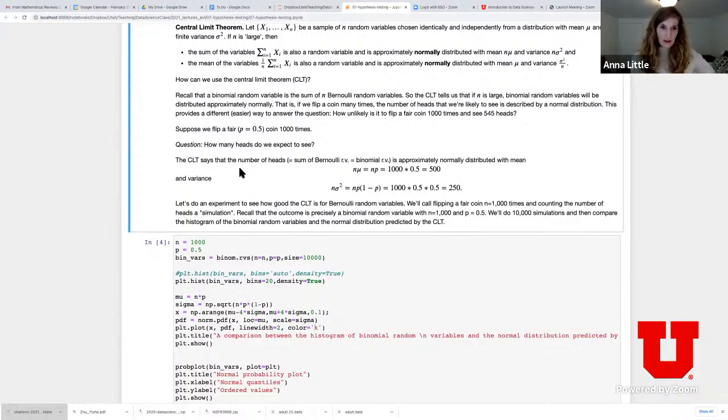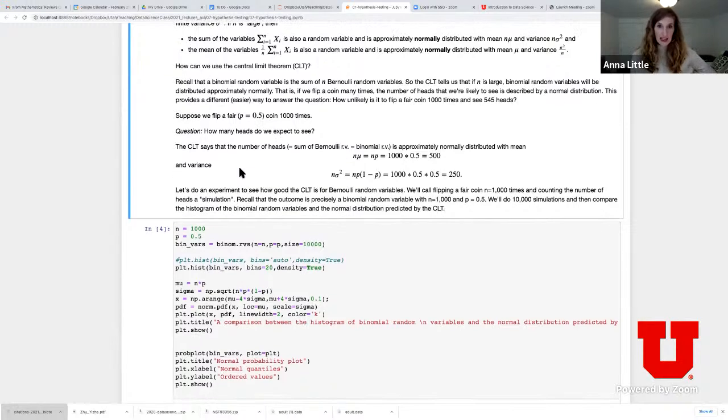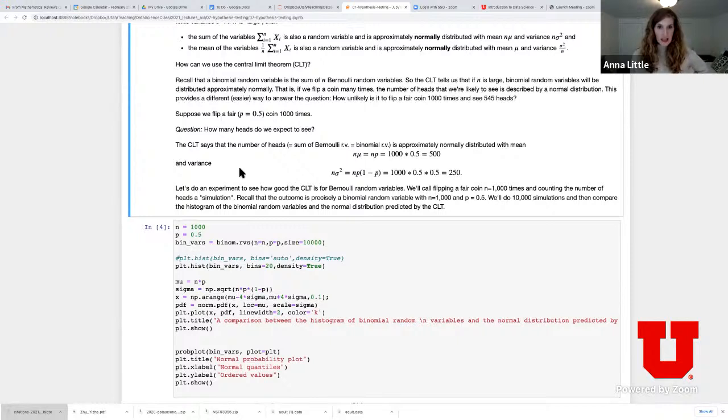Supposing we flip the fair coin 1,000 times, how many heads do we expect to see? And let's use the CLT approximation. The CLT says that the number of heads we see is approximately normal with mean n times mu. Now the mean for each individual x is p, because it's a Bernoulli, so we get 1,000 times 0.5, which is 500.